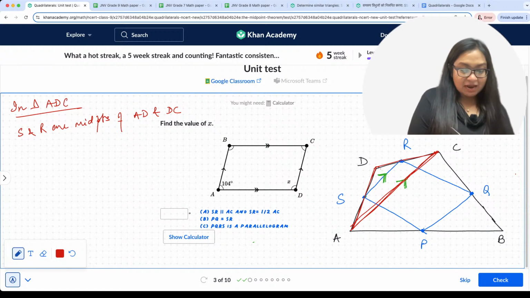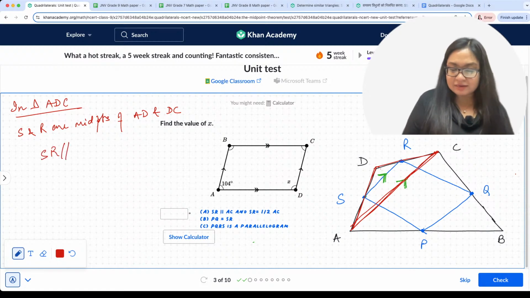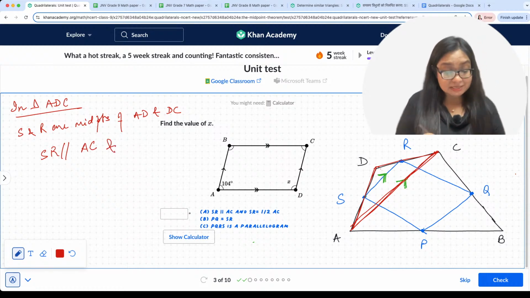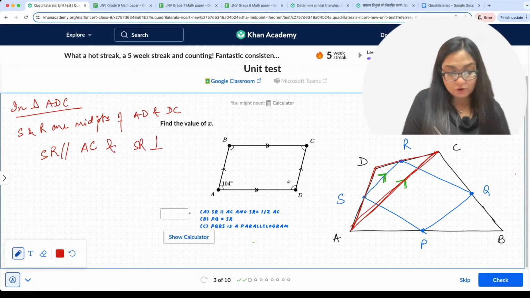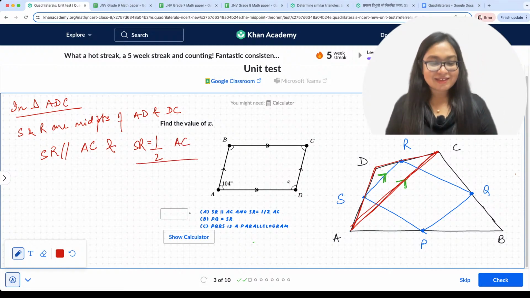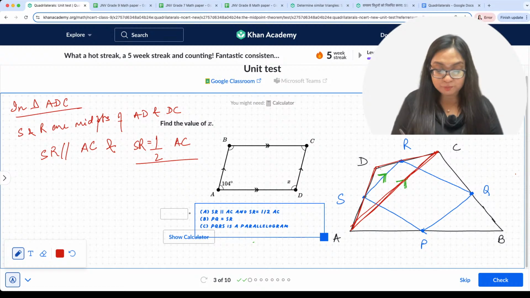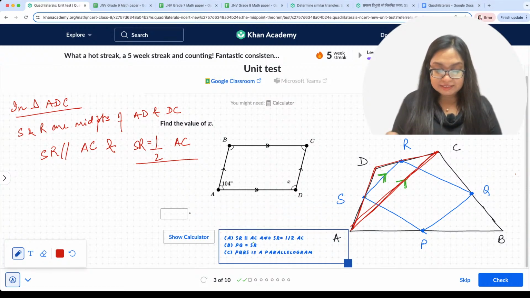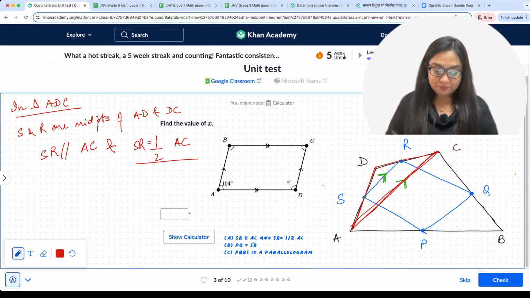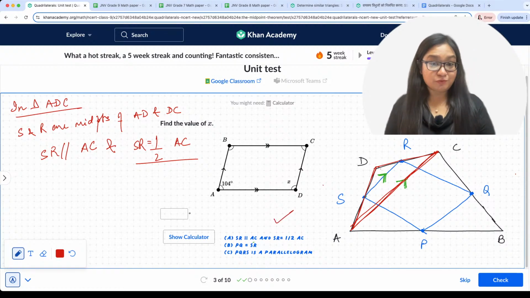So I will say that SR is going to be parallel to the third side of the triangle, that is AC, and the length of SR is going to be half of the length of AC. Correct? And see, this is what we had to prove over here. यहाँ पर यही हमें prove करना था. So the first part we have proved.